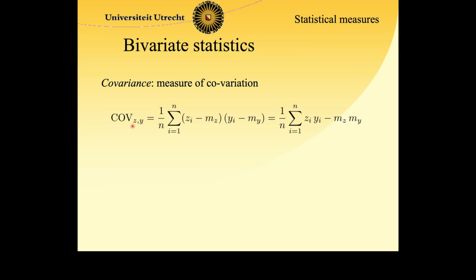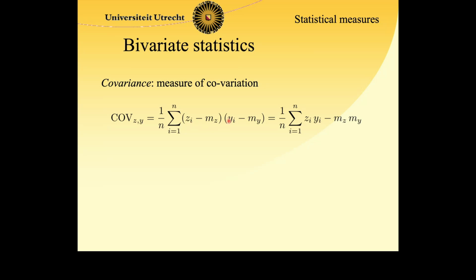The covariance between any two variables is computed as follows. For all the Z data, you compute the mean; for all the Y data, you compute the mean. So this is hydraulic conductivity. We compute the mean hydraulic conductivity and subtract the mean from each data value.